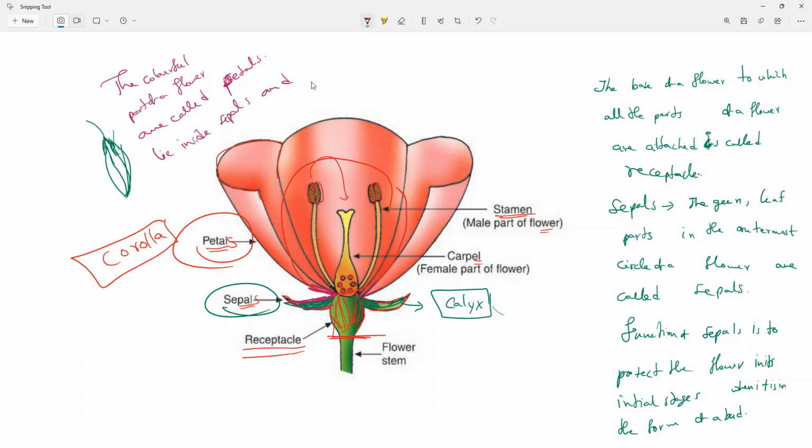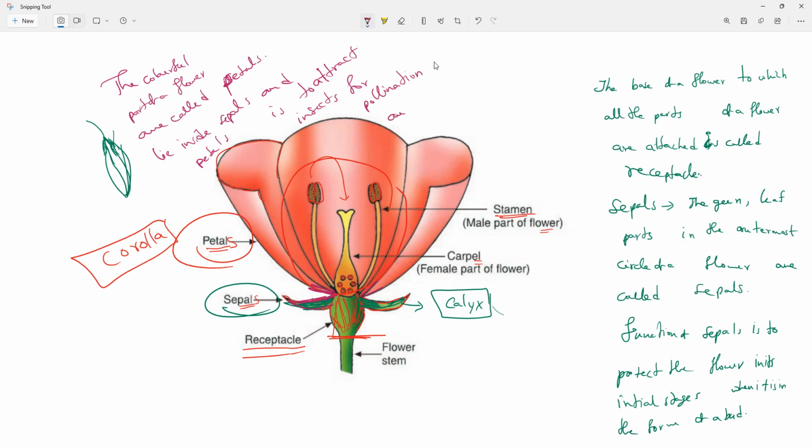And all these petals are to attract insects. For what purpose? For pollination. Pollination means reproduction.